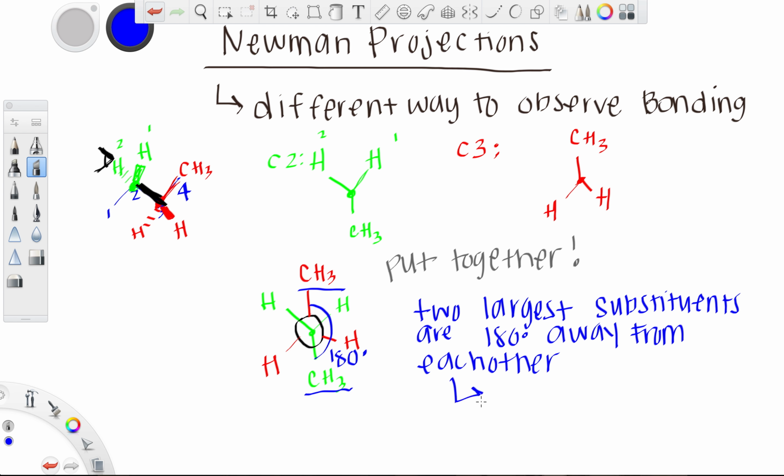That's the most stable, and this is called anti-periplanar.